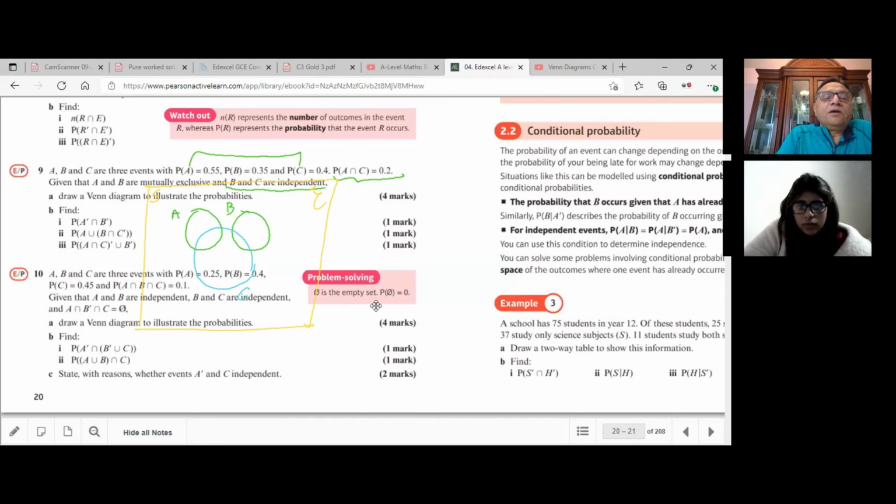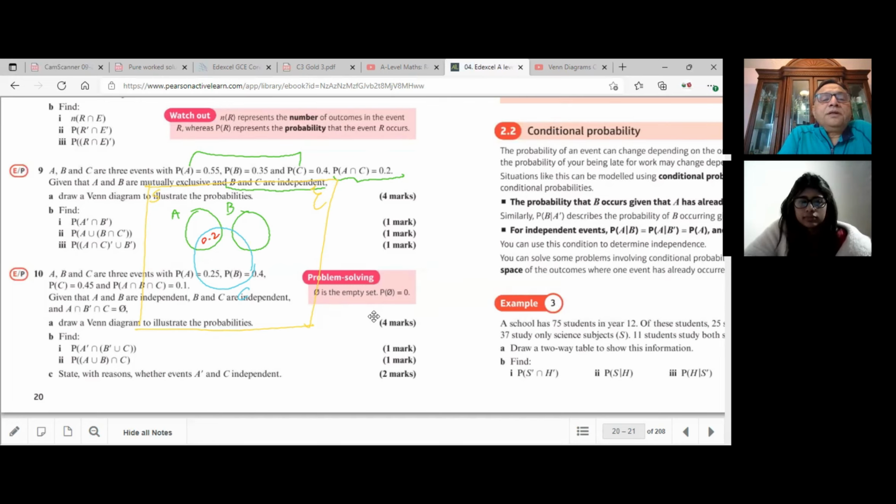So the probability of C is given to you as 0.4. Let's go through this. Probability of A intersection C is 0.2. So this is 0.2. Do you see that A intersection C is 0.2? Probability of C is 0.4.